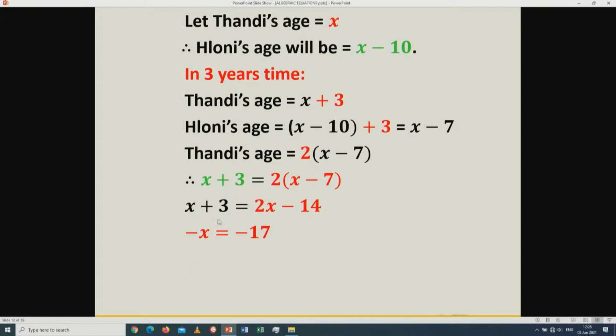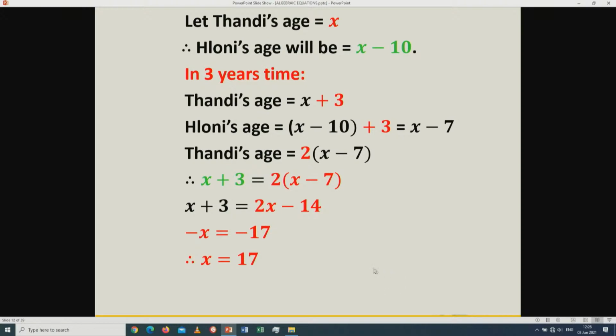Again, we have to isolate x. We will have to take 3 on both sides. That means 3 minus 3 will be 0, and negative 14 minus 3 will be negative 17. Therefore, the value of x will be 17, which represents Thandi's age.